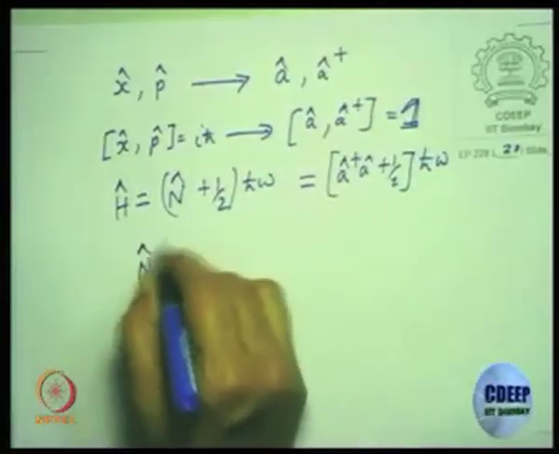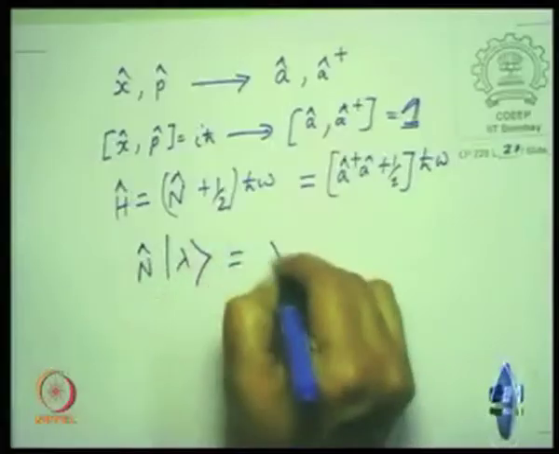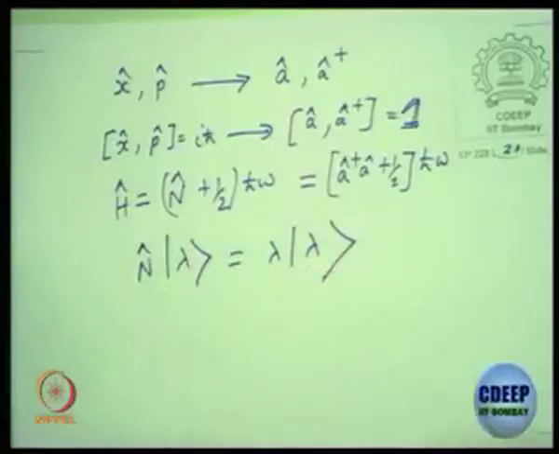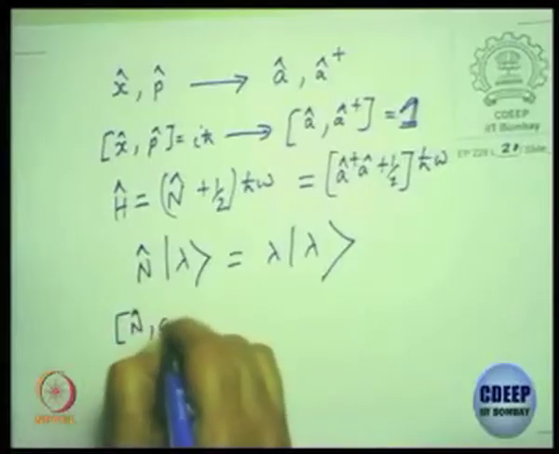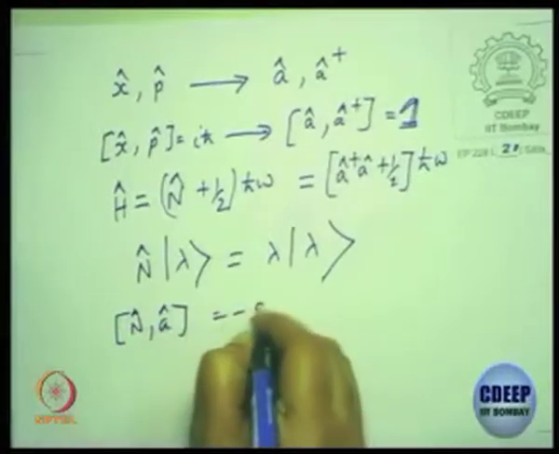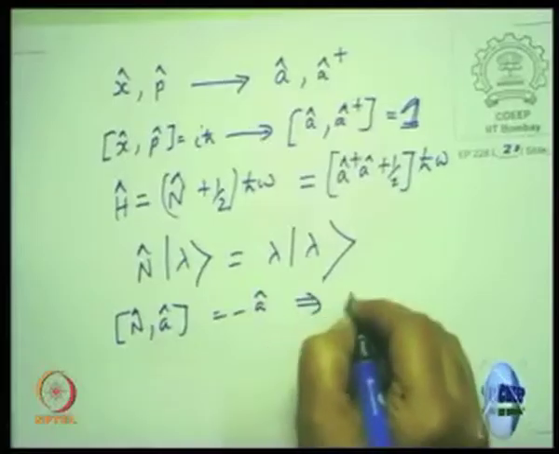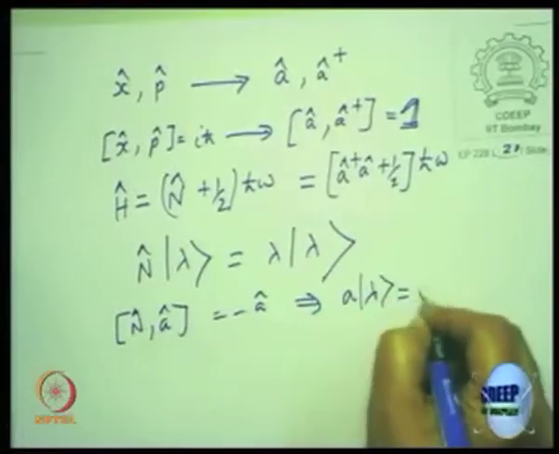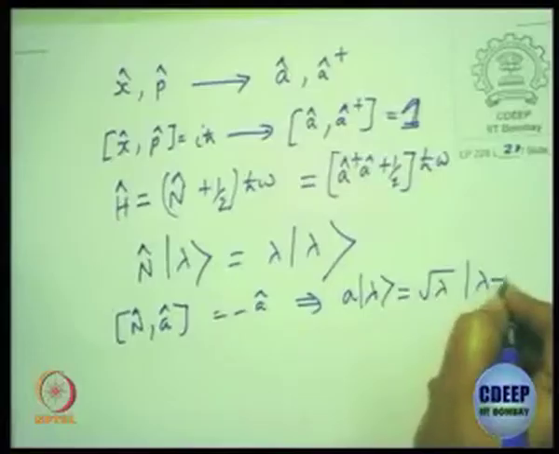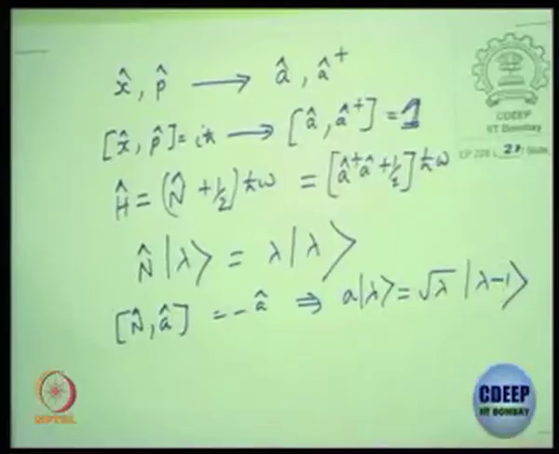Then we said let's take the eigenstates of the number operator, which are eigenstates with eigenvalue lambda, and we also use n with a to be minus a, to imply a on lambda as square root lambda times lambda minus 1, which is the lowering operator in steps of 1 unit.